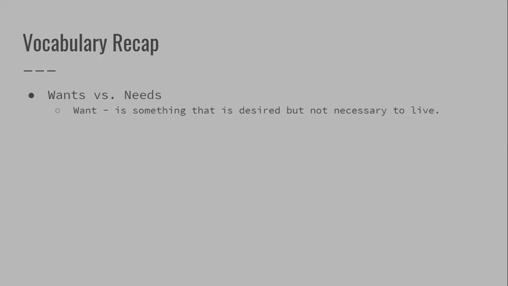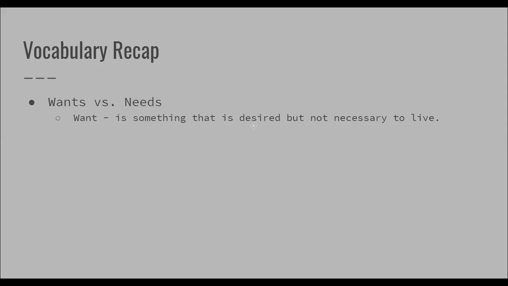So let's do a quick vocabulary recap. We talked about wants versus needs. So a want is something that is desired but not necessary to live. So think about it to yourself. Think about what is something that you desire or really, really want, but you don't really need it to live or survive.